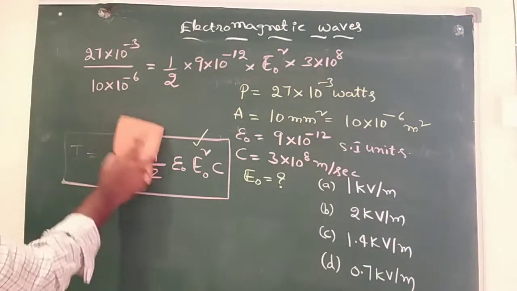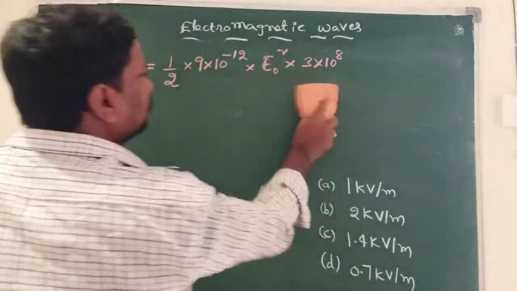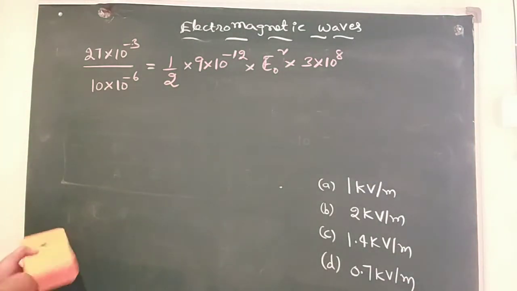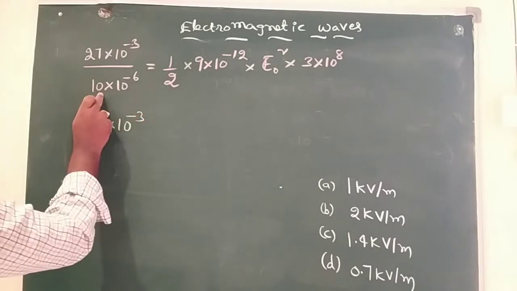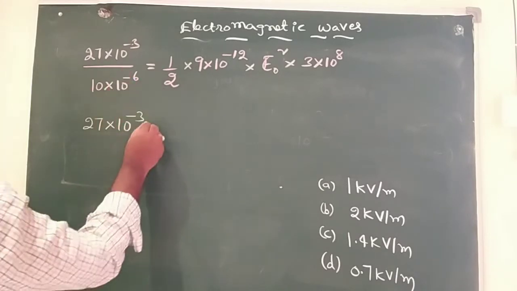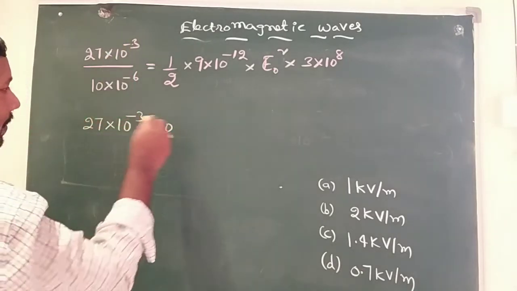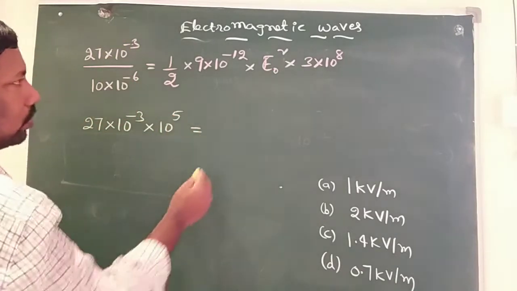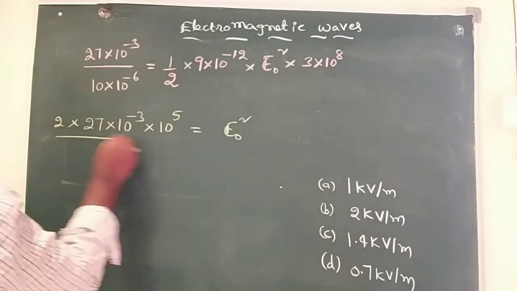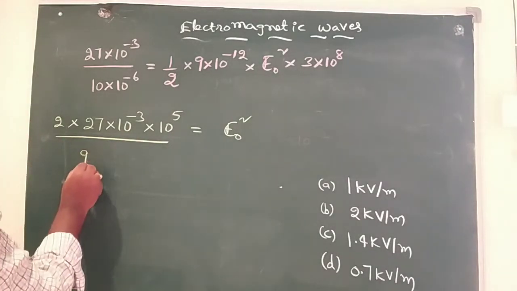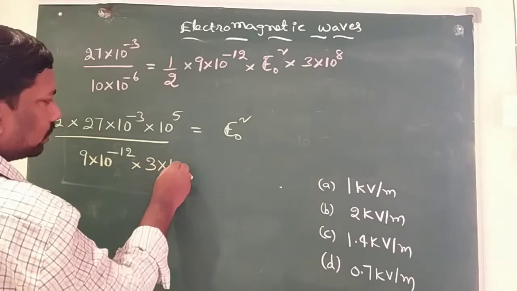So now 27 into 10 power minus 3 divided by 10 power minus 5 is replaced to the numerator as 10 power plus 5, equal to E naught square into 2 by 9 into 10 power minus 12 into 3 into 10 power 8.